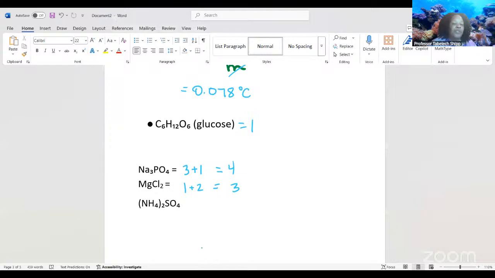So in other words, if we look at ammonium right there in parentheses, that subscript on the outside is a 2, okay? That subscript is a 2. And then you've got the polyatomic ion of SO4, but that's 1 unit of that, okay? That's 1 unit of that. So that's plus 1. So that gives you 3 right there, okay?